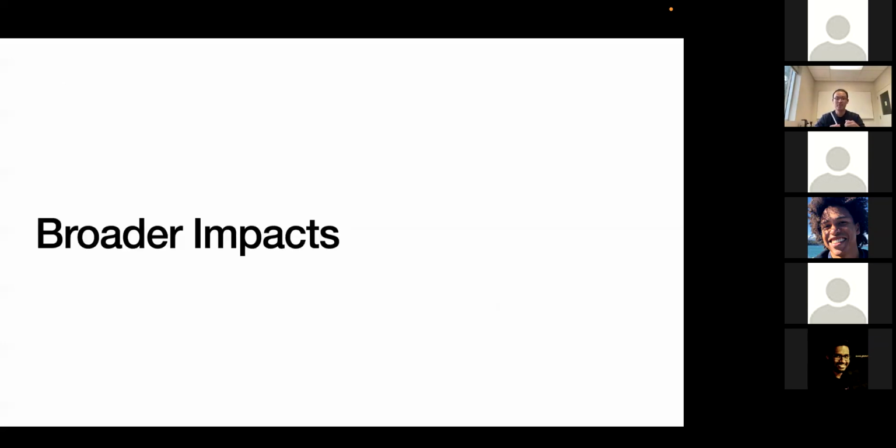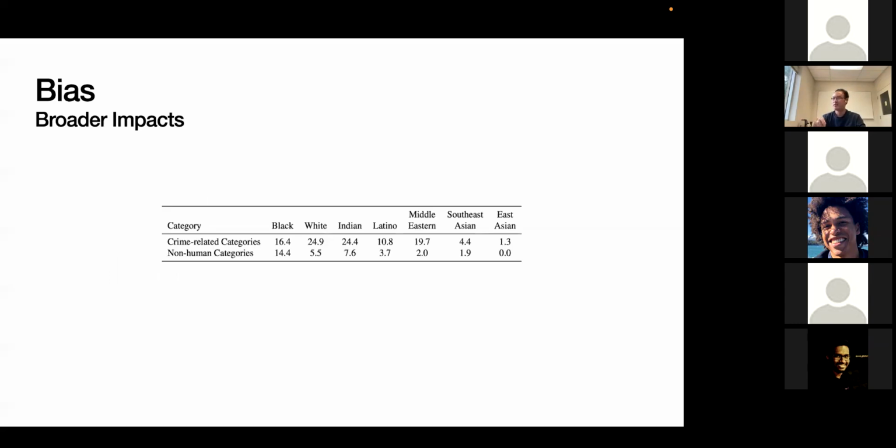Okay, let's come to the broader impacts. The broader impacts are the two common problems that all pre-trained models will face. The first one is bias. They also used some human race datasets to let the model classify some human images into some crime-related categories and non-human categories.